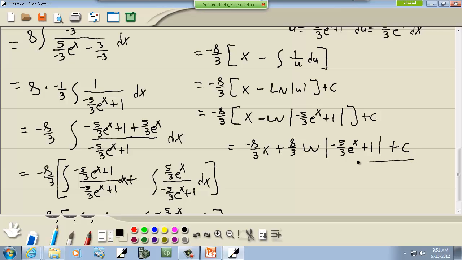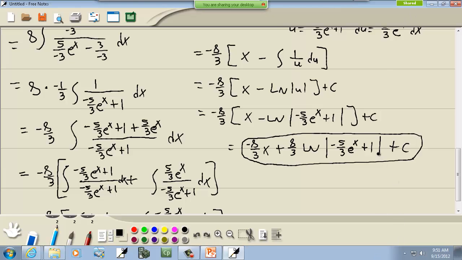Then my plus c. Now sometimes I'll leave the number out in front, sometimes I'll multiply it through. I wish there was a consistency there, but sometimes there's not. Sometimes even with an absolute value, they'll factor out a negative, and then they'll change the signs around on that. We won't worry about that though.